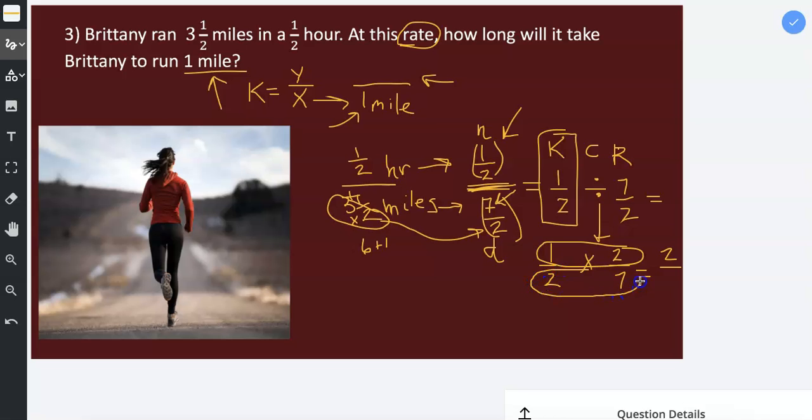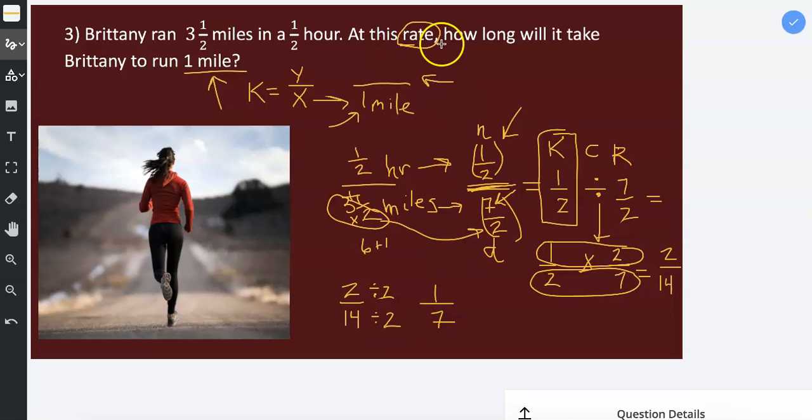I multiply the denominators and get a product of 14. And then I realize that 2 and 14 are both even numbers, so I can reduce this fraction by dividing each by 2. 2 divided by 2 is 1, and 14 divided by 2 is 7.